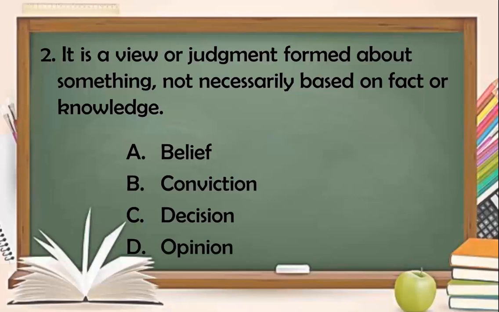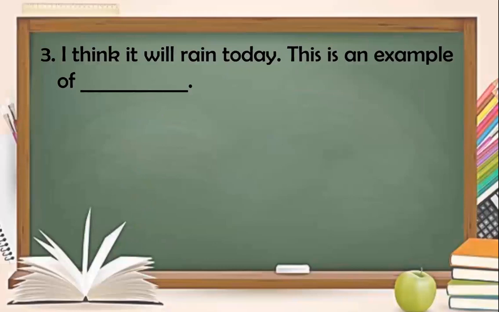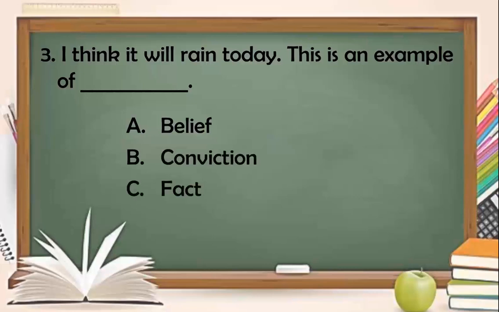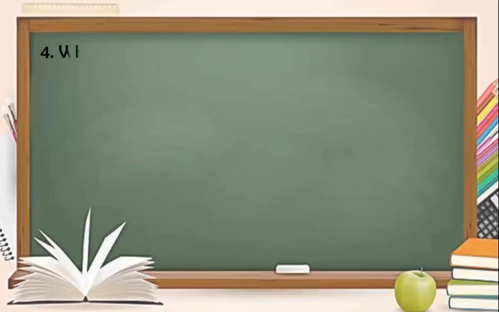The answer for this is letter B. Third one: I think it will rain today. This is an example of A. Belief, B. Conviction, C. Fact, D. Opinion. Letter D. Great job.